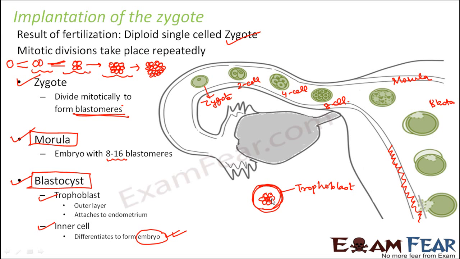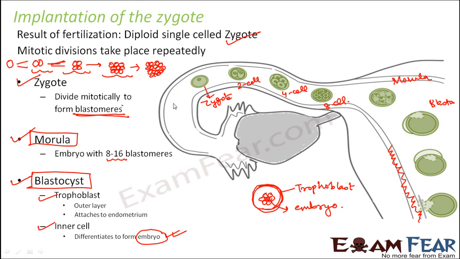So later you will have the embryo inside, and the outer layer is attached to the endometrium. This is how implantation takes place. So that single-celled zygote gradually got converted into an embryo which was implanted, or fixed, in the uterus. So from where did the movement start?